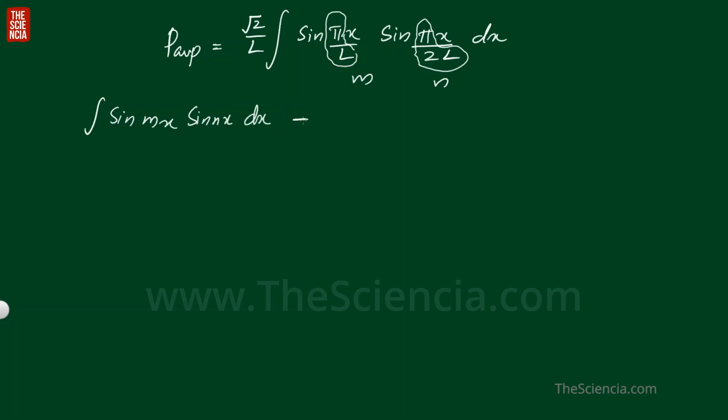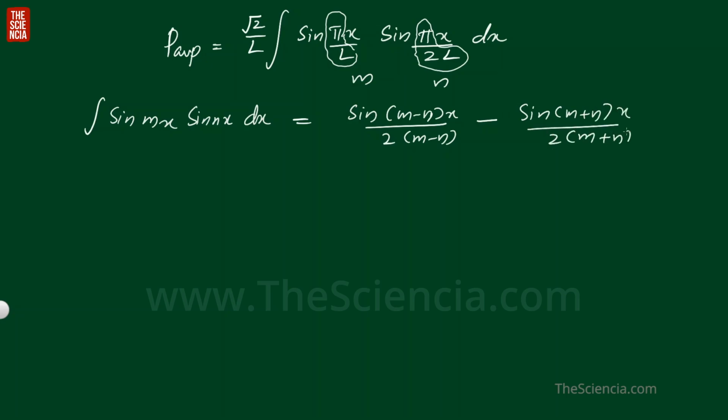What is the integral formula for this one? This will be equal to sin (m minus n)x by 2(m minus n) minus sin (m plus n)x by 2(m plus n).